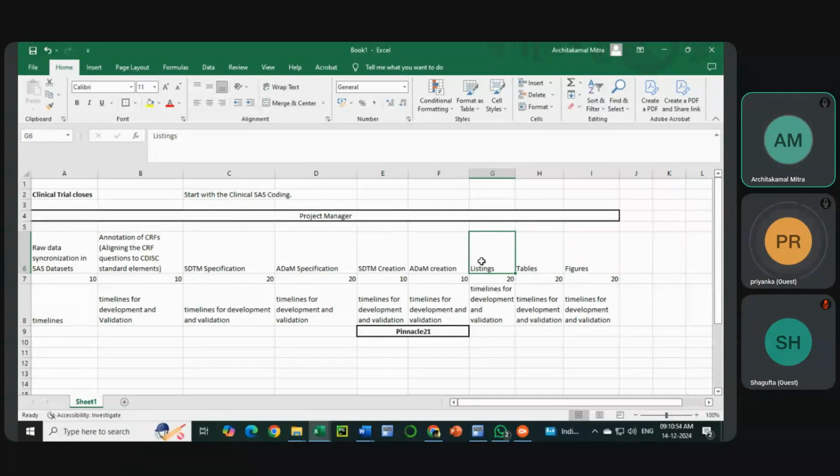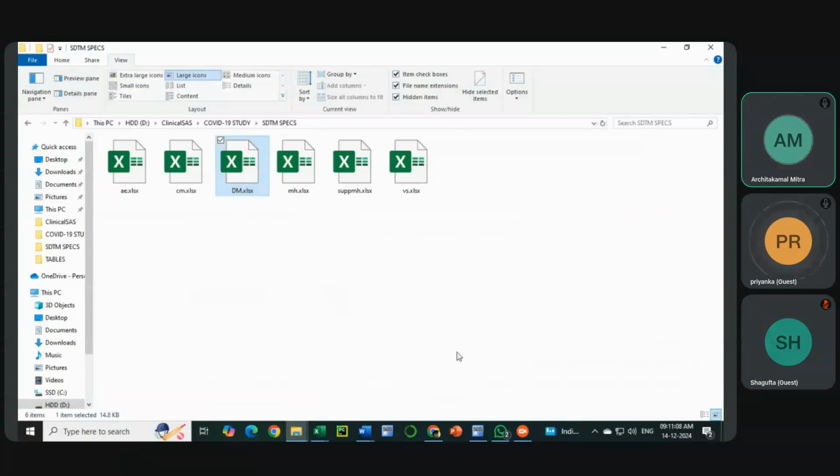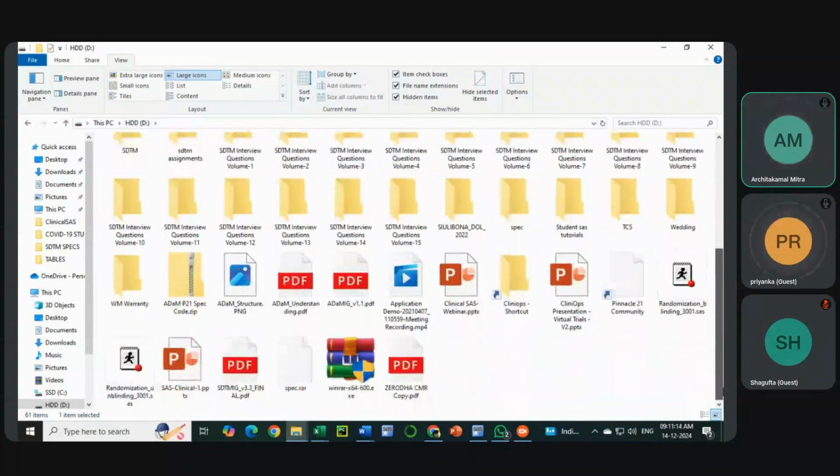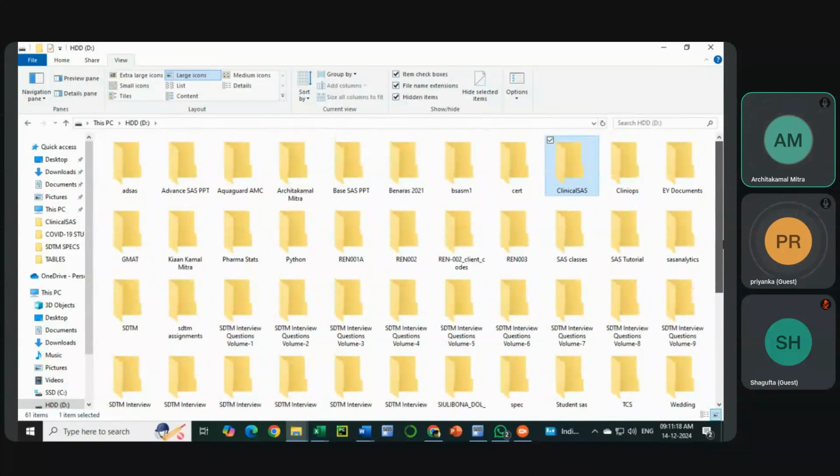Can you show how to upload and how to create this? I don't have Pinnacle 21 here. But I can show you the XPT files. Let me see if I have the XPT files. One second.